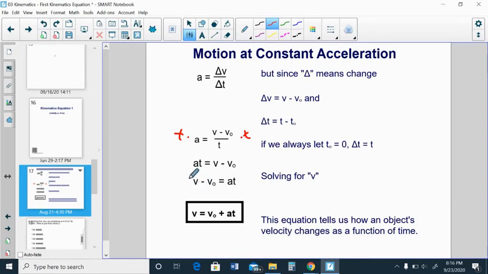We want to isolate velocity final, so we add initial velocity on both sides. So we end up with the first kinematics equation: velocity equals initial velocity plus acceleration times time. What this equation is telling us is how an object's velocity changes as a function of time.